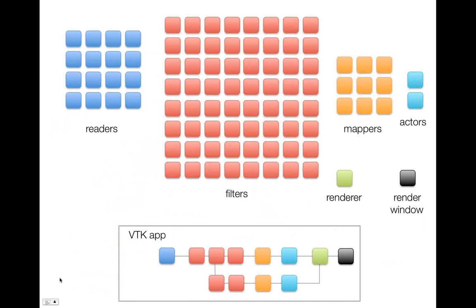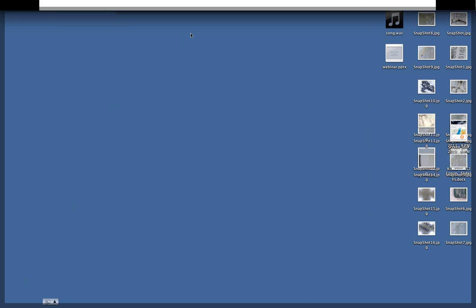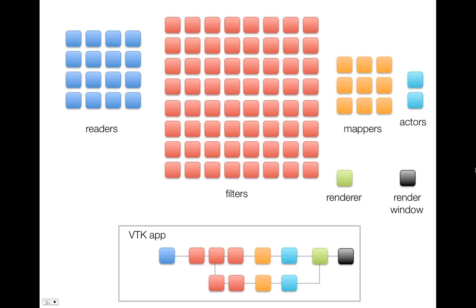Now here's the one slide introduction to what VTK is. What VTK has up near the top of the slide is a set of a few types of classes. So you have readers, which will import data, filters, which do any number of transformations on the data, and this is where there's a huge number, hundreds of these in VTK.